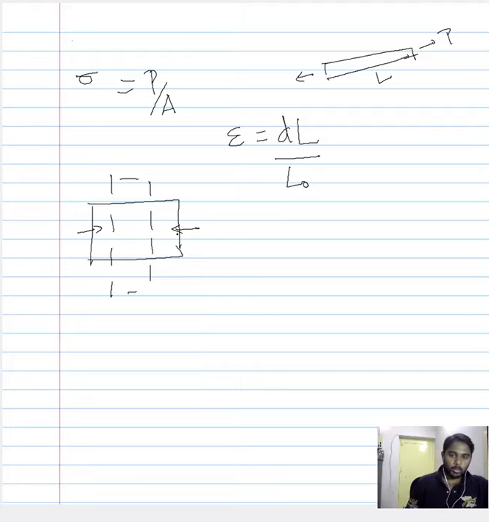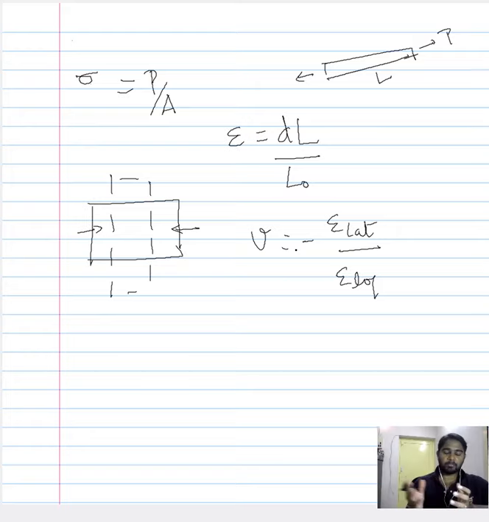So in order to quantify that with respect to the change in the longitudinal direction, we introduced what we refer to as Poisson's ratio, and this was nothing but the ratio of the lateral strain with respect to the longitudinal strain, with a negative symbol here representing the convention that we need to include when you consider a compression loading condition.